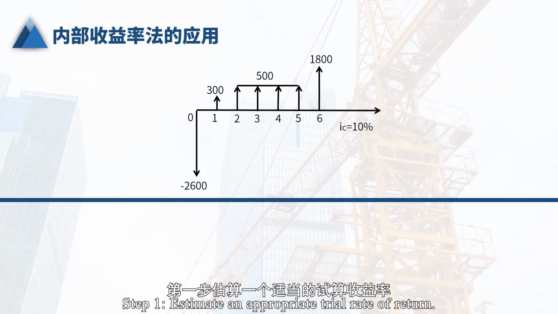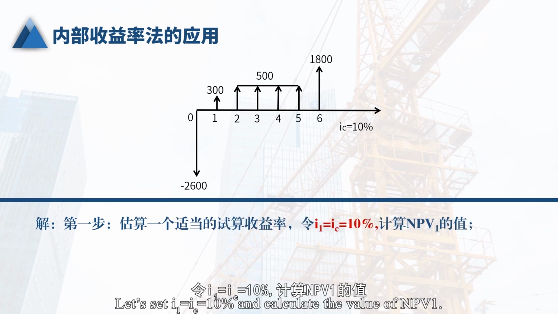Solution. Step 1. Estimate an appropriate trial rate of return. Let's set i1 equals ic equals 10% and calculate the value of NPV1.